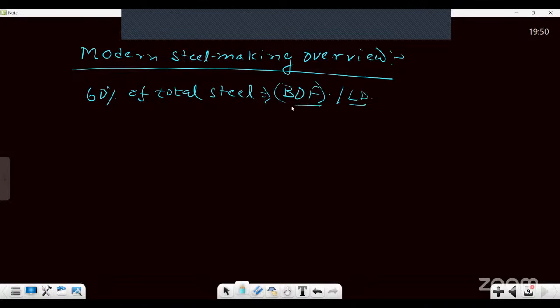We'll see what this is. This is extensively used, and it also has a lot of advantages. We will also see what the advantages of these processes are.